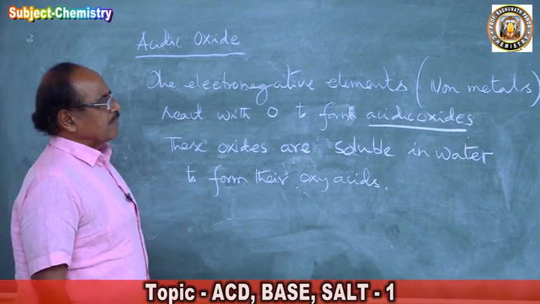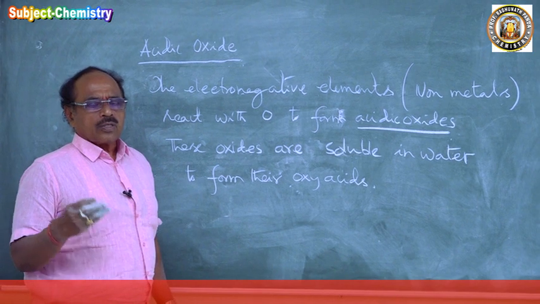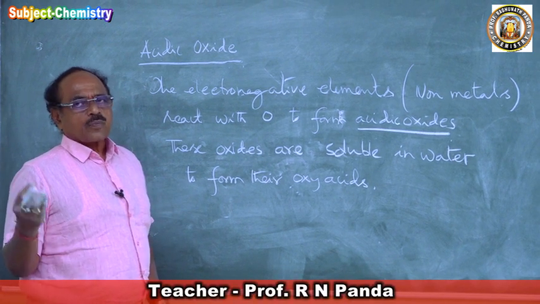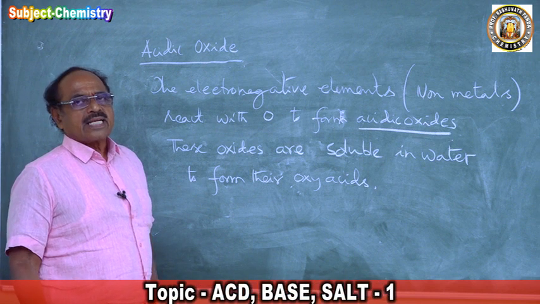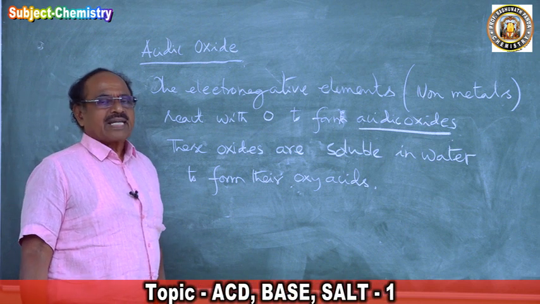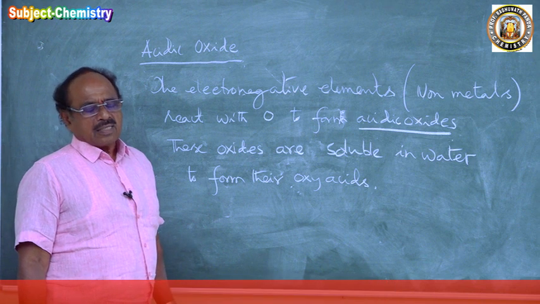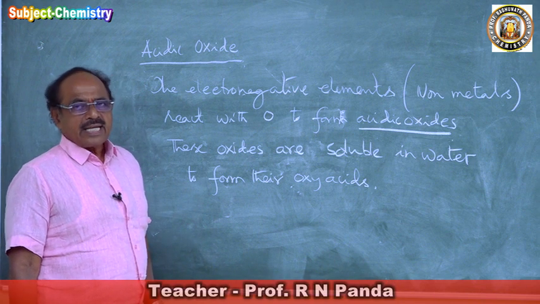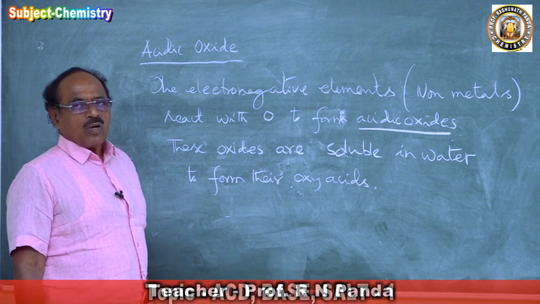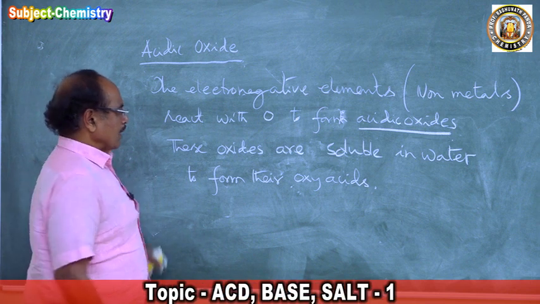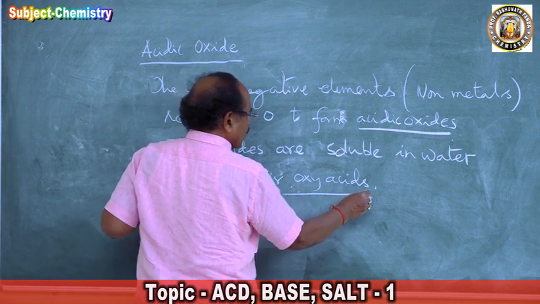The electronegative elements, who are they? Group 4, group 5, group 6, group 7. These elements are electronegative elements. Their oxides are non-metallic oxides, and they are acidic oxides. They react with water. They are soluble in water to form their oxy acids.